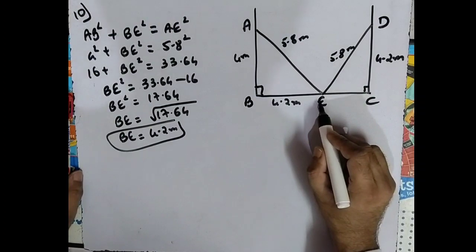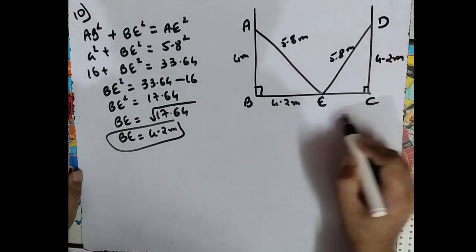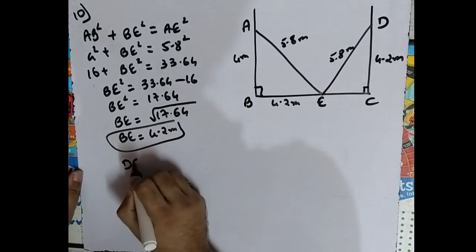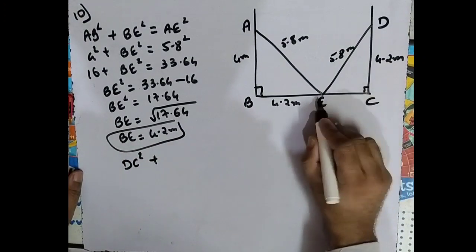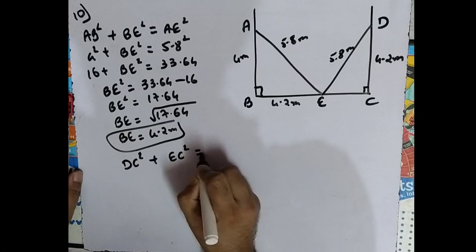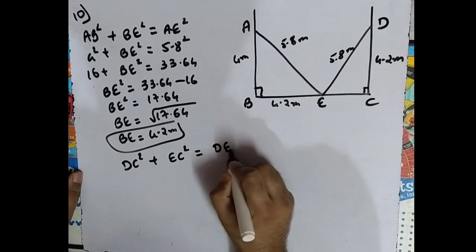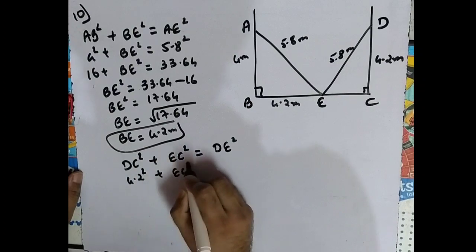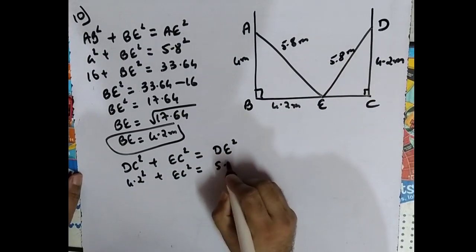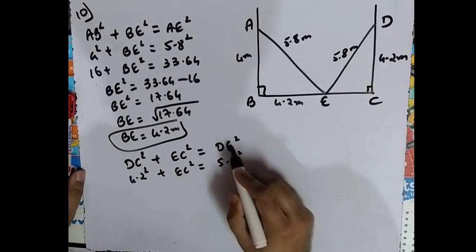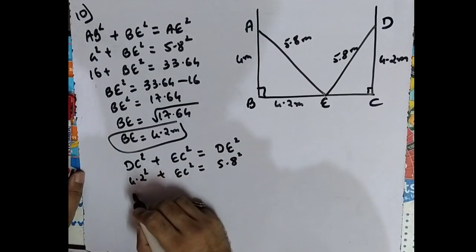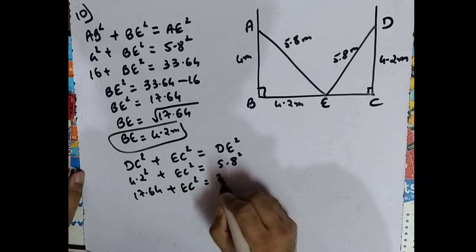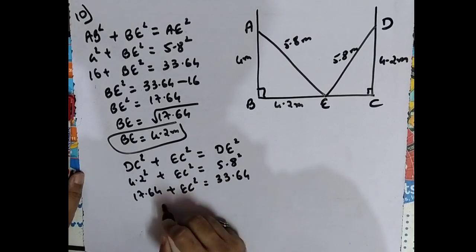Now we have to find out length EC. In right angle triangle DCE by Pythagoras theorem, DC square plus EC square is equal to DE square. 4.2 square plus EC square is equal to 5.8 square. Substituting the values, 4.2 square 17.64 plus EC square is equal to 33.64.